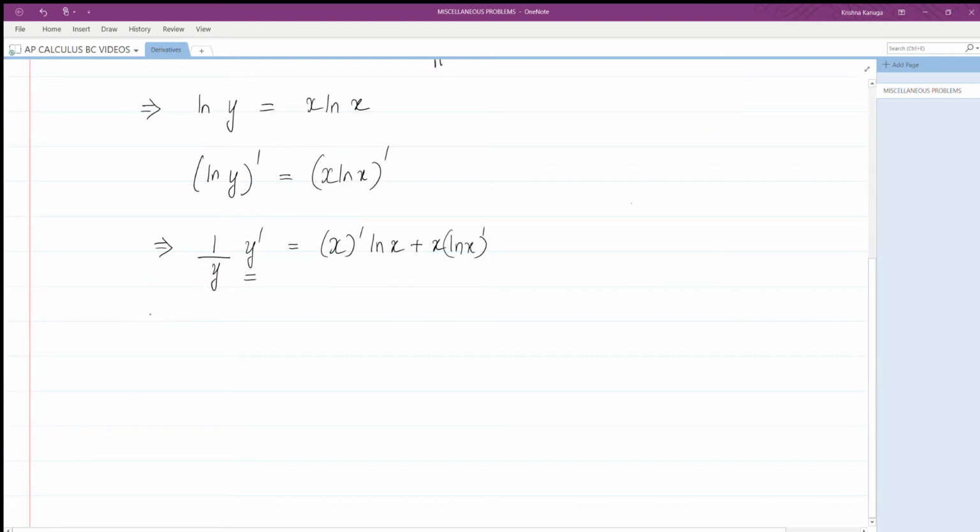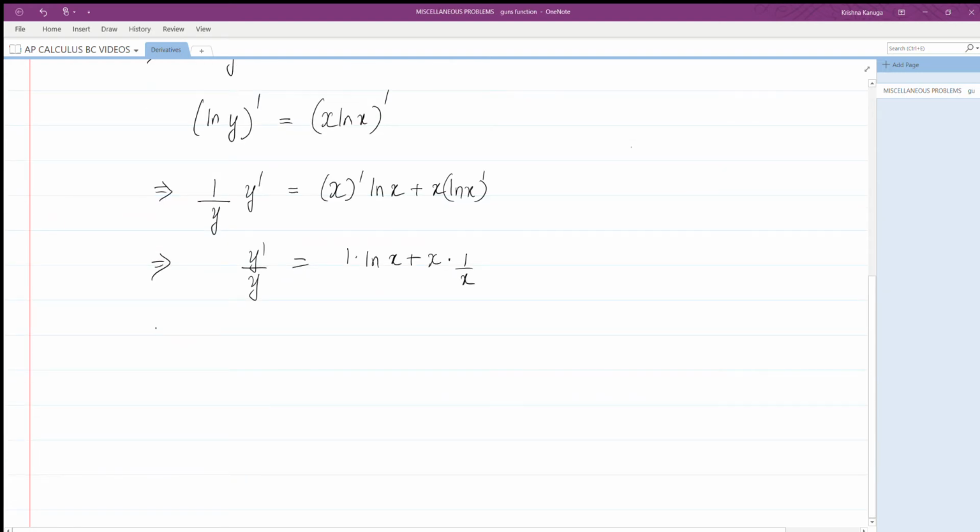So this tells us that y prime over y is equal to the derivative of x, which is 1, times ln of x, plus x times the derivative of ln x, which is 1 divided by x. Let's simplify this one more time: y prime over y equals ln x plus 1.